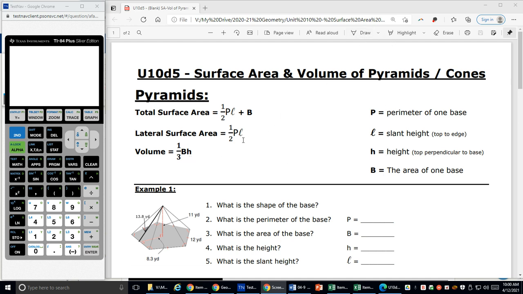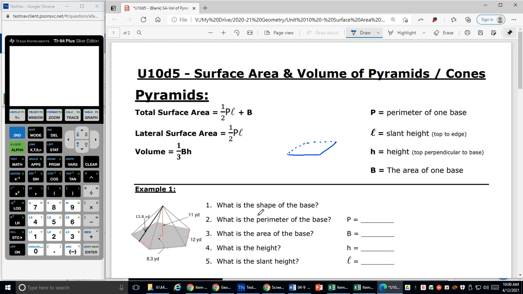So let's talk about the difference between the slant height and the height. If I were to look at a pyramid, a lot of times I'm just going to see if I can sketch a rectangular pyramid. And I know it looks like I'm not sketching a rectangular pyramid because this does not look like a rectangle. But when you look at the bases, they're going to be kind of tilted backwards or forwards.